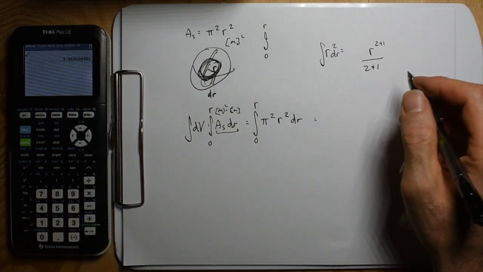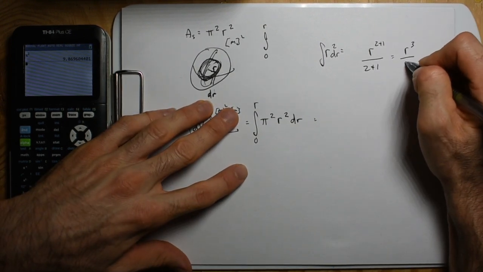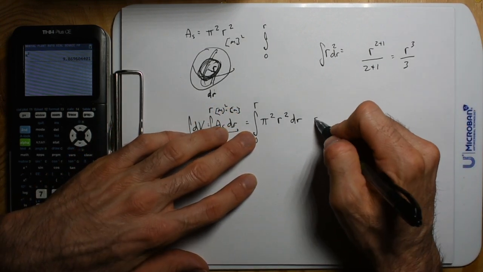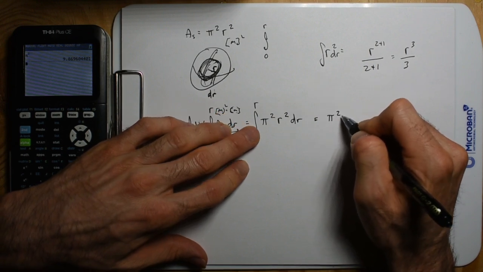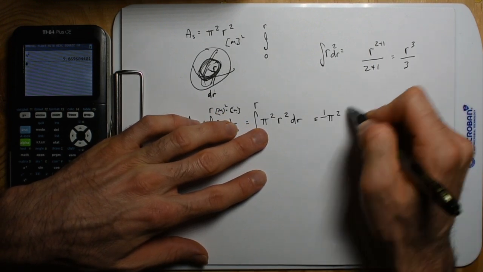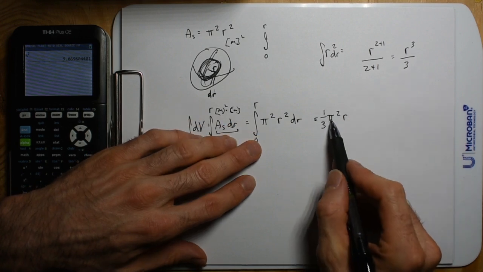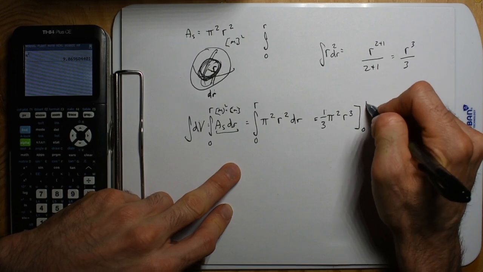I do this straight up because you can mess it up. So we get r cubed divided by 3. The constant just comes out, so we have pi squared and this 1/3: 1/3 pi squared r cubed evaluated from 0 to r.